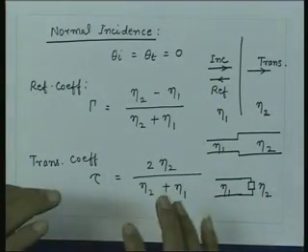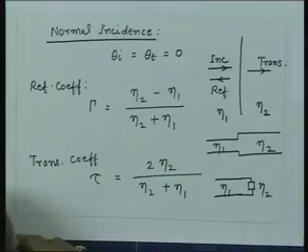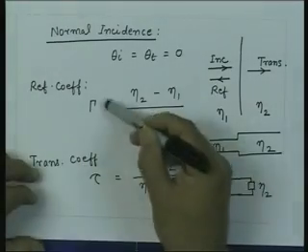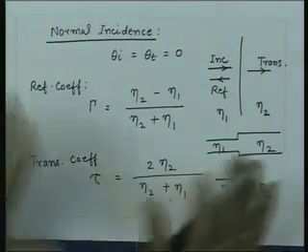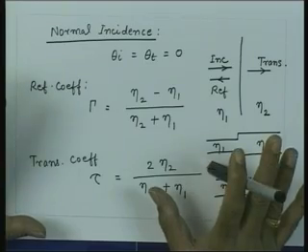So what we see is something important here, that independent of the medium parameters and the angle of incidence, the reflection and transmission coefficients are all real quantities. That means there could be direction reversal for the electric and magnetic fields, but there is no arbitrary phase change either in the transmitted wave or in the reflected wave.